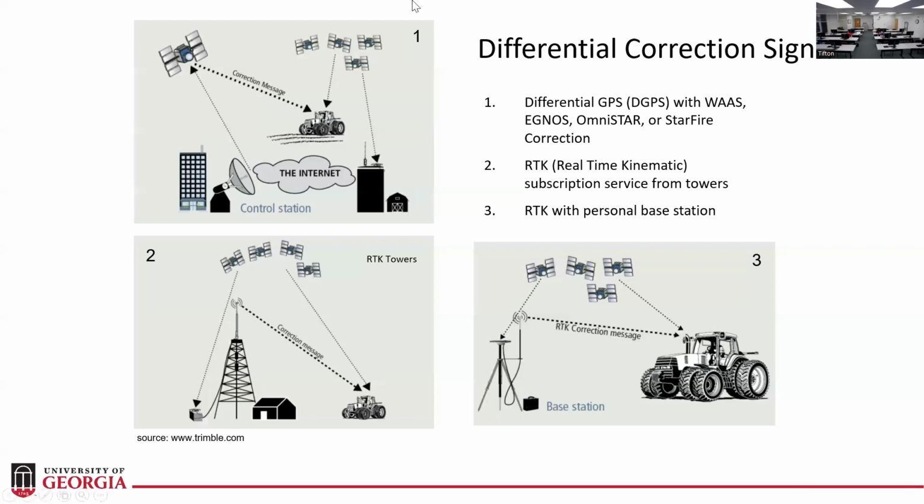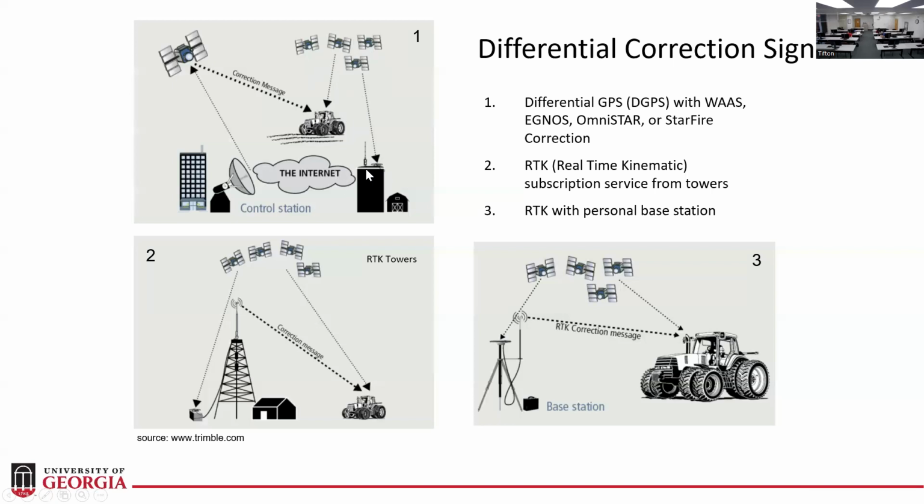So once again, we have the satellites that send the signals for your GPS receiver, right? You have it here on your tractor. The same satellites are also sending signals to your base station here. And your base station is calculating that equation to correct the error.